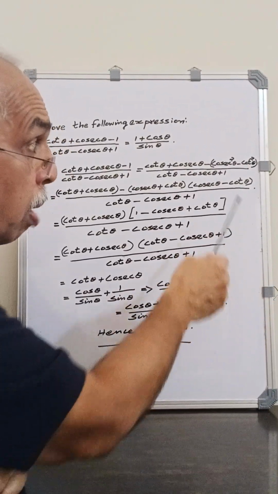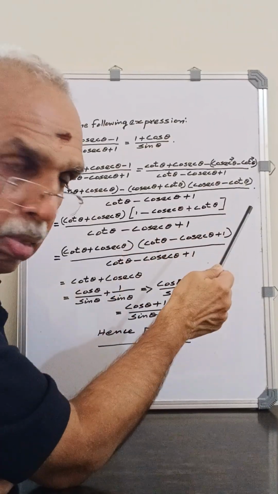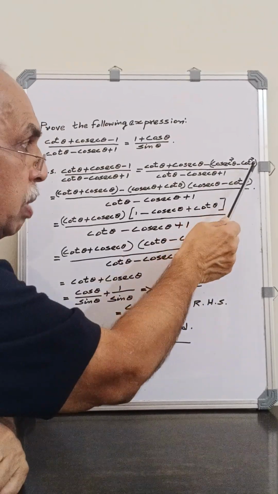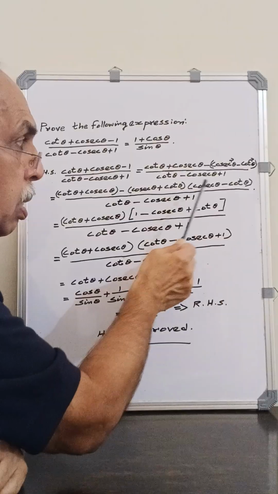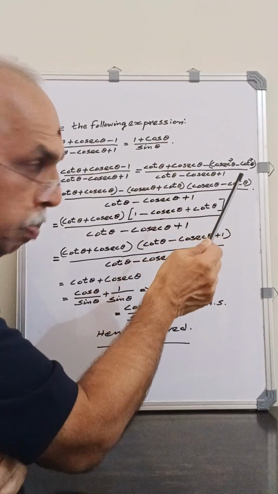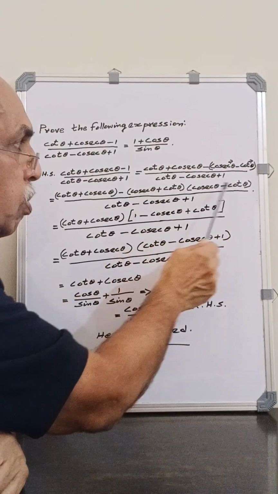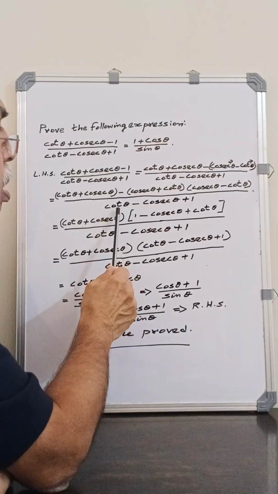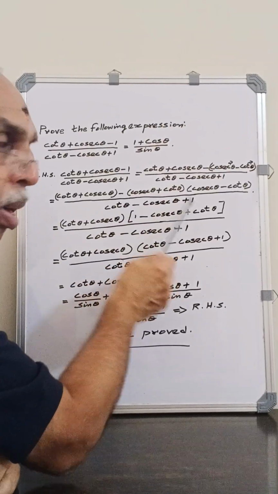Not the expanded form of this one, but factors. A square minus b square is a plus b into a minus b. The denominator has no change: cot theta minus cosec theta plus 1.